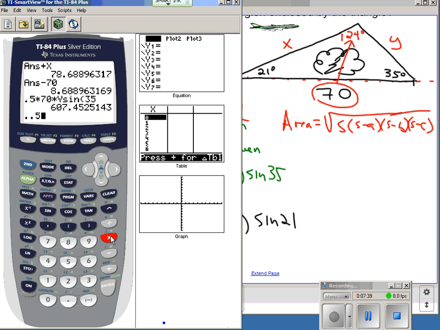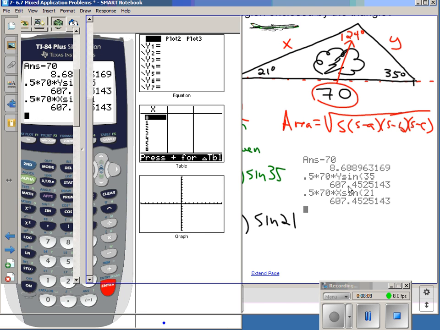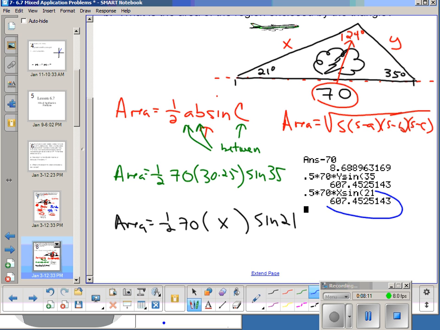If I do 0.5 times 70 times x, sine of 21, that should give me the same answer as the other one, 607. So either way, there is my area of that triangle.